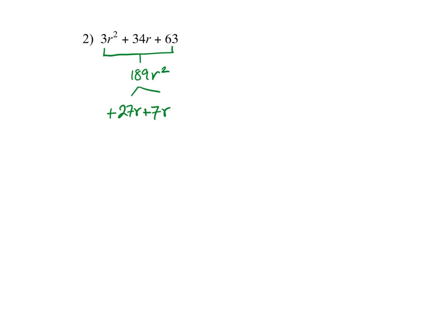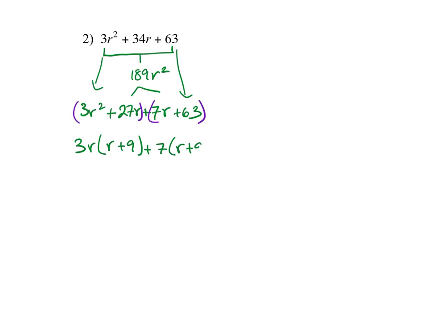Now I'm bringing down those two numbers, so 3r squared plus 27r plus 7r plus 63. I'm going to group those two, and I'm going to group those two at the end. Common factor here is 3r, so I have r plus 9. Common factor on the second one is 7, so I have r plus 9, right?